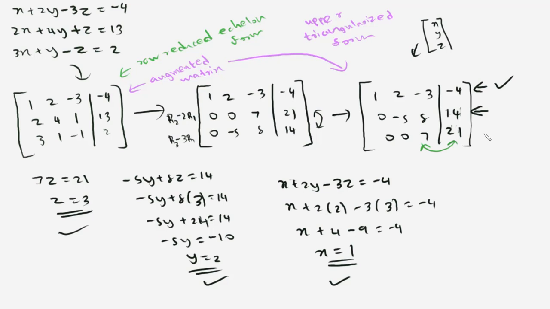Then we take the corresponding rows one by one, from bottom to top, and we solve each and every equation. So this is the Gaussian elimination method.